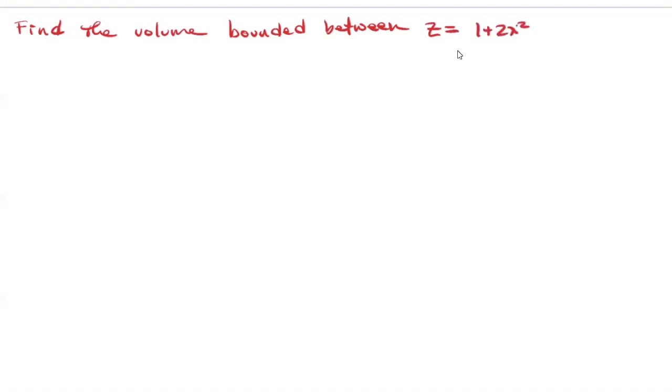This is ugly, ugly, ugly, but let's see if we can do it before our break. So this one says find the volume bounded between z equals 1 plus 2x squared plus 2y squared and z equals 7 in the first octant.